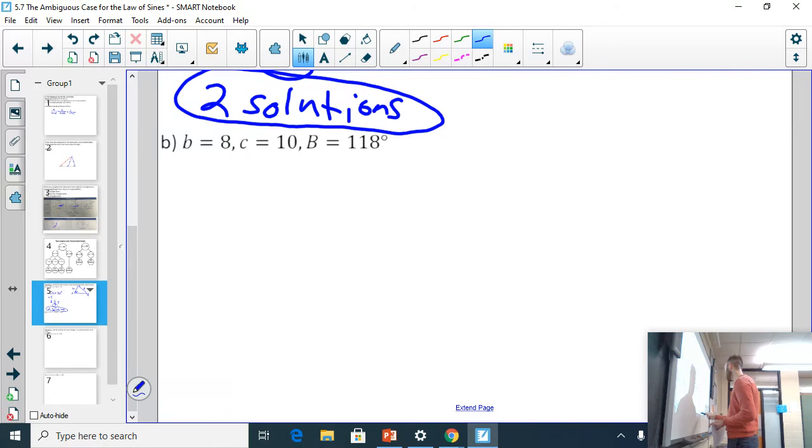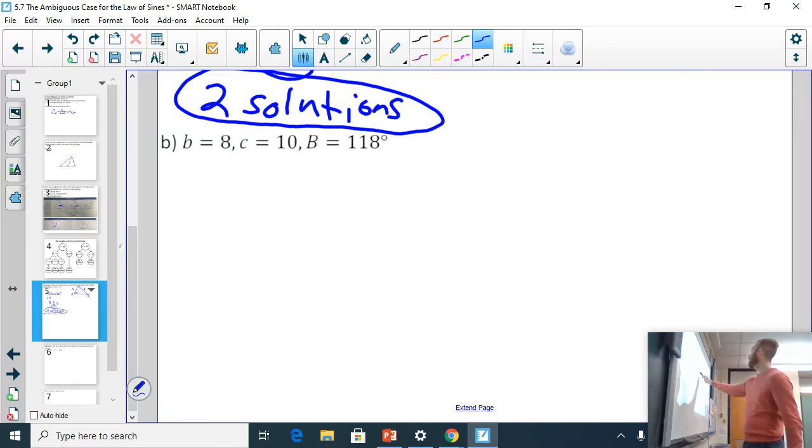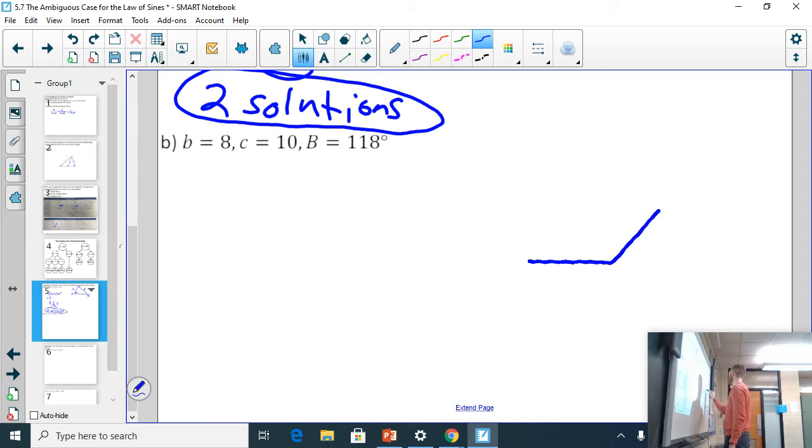Now this one, same thing. I see we have a 118 degree angle, so I'm automatically going to make one a little bit bigger than 90 and just connect it back. I don't really care about the rest. That should be B, our 118 degrees. If I say this is A and C, it doesn't matter.